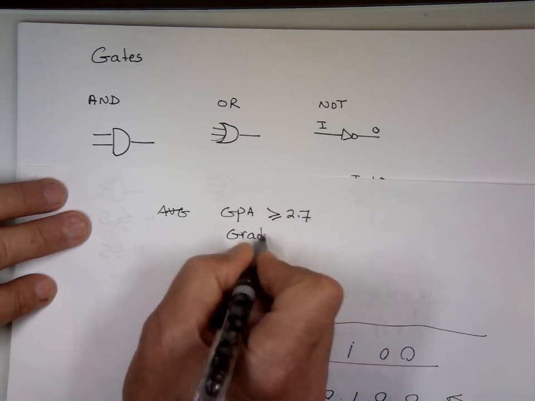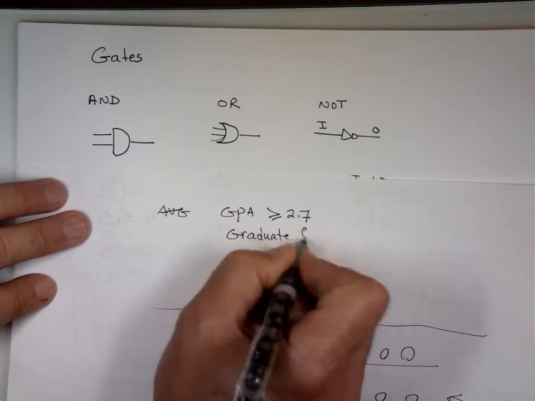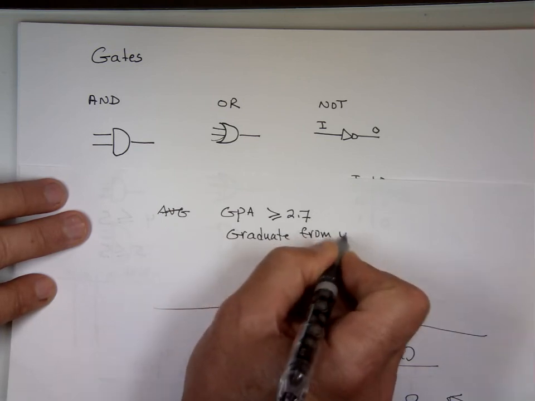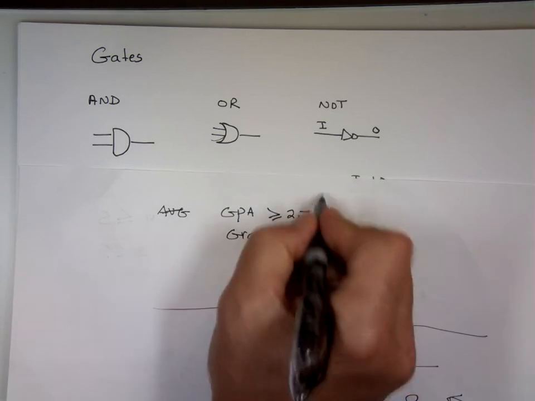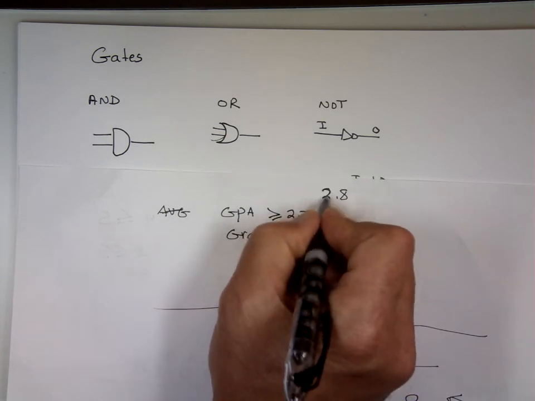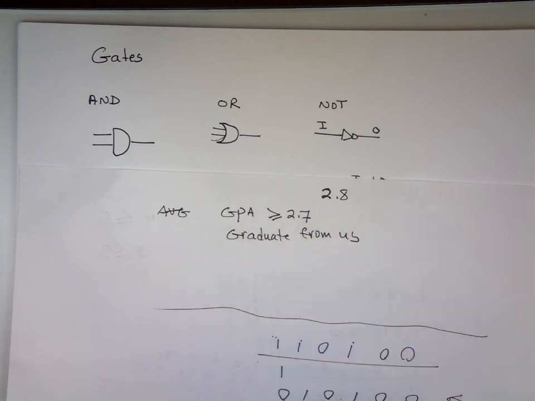And so if you have a GPA of 2.8 and you did not complete all the courses to graduate from us, can you transfer to UMass? No. Both of these conditions have to be true for the whole thing to be true.